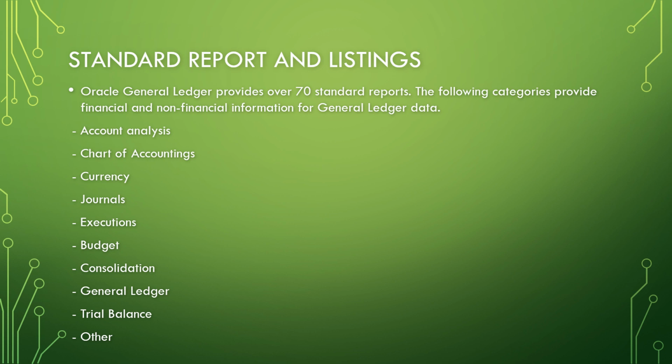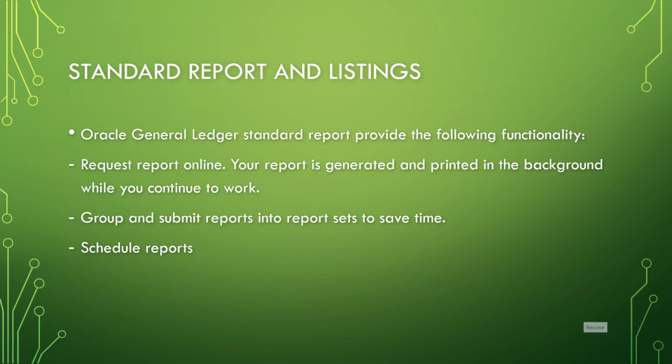Here are some standard reports which are available in Oracle Financial. Oracle General Ledger provides over 70 standard reports. The following categories provide financial and non-financial information on GL data: account analysis, chart of accounts, currency, journal, execution, budget, consolidation, general ledger, trial balance and other reports.